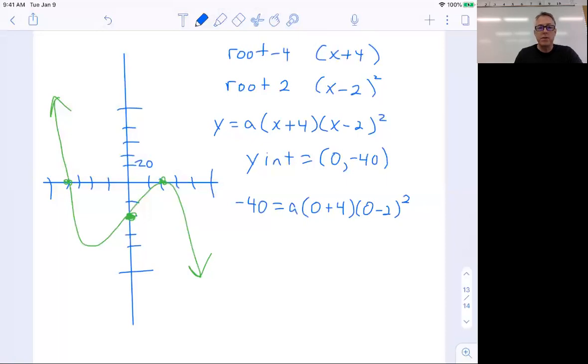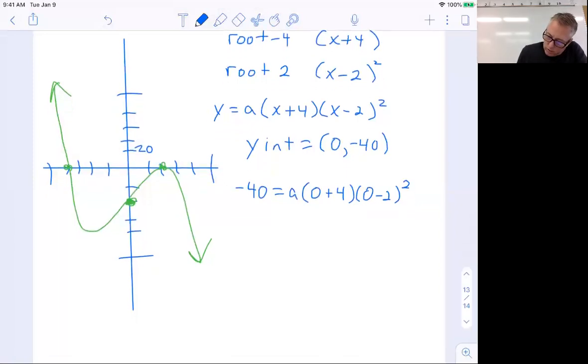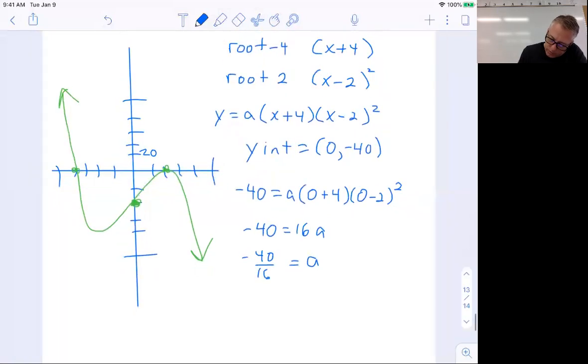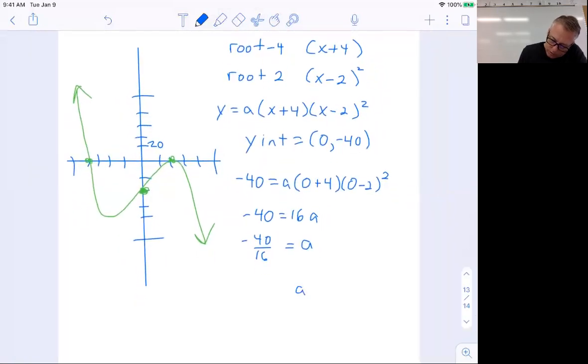And now we should be able to solve for a. So that's going to be -2 squared is 4 times 4 is 16. So I have -40 equals 16a. So a is -40 over 16. And both of those are divisible by 8.